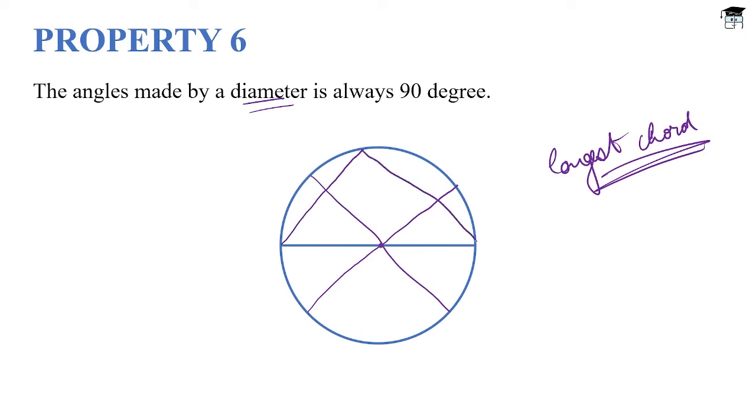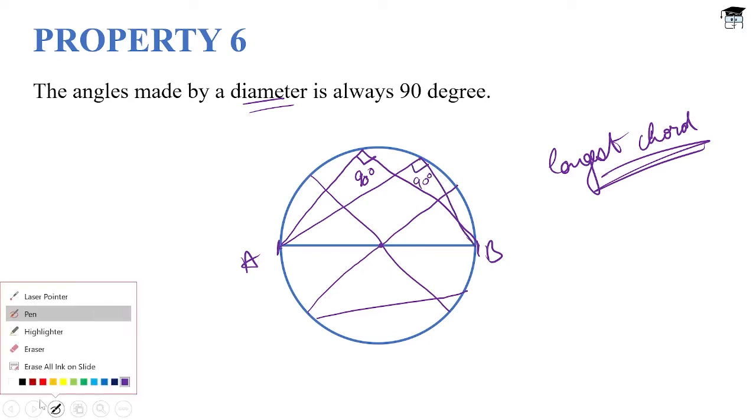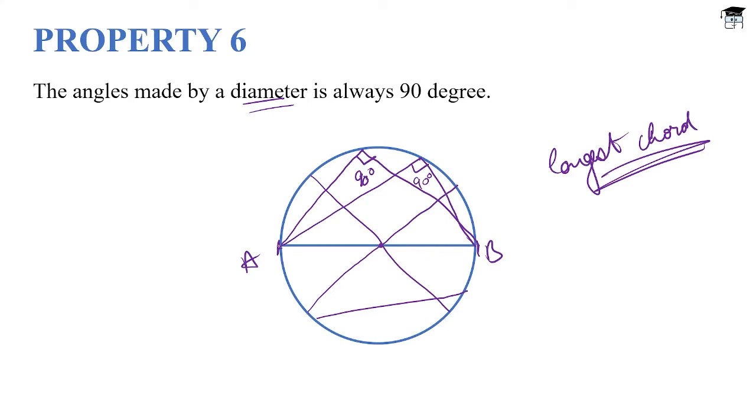This is a chord, but if we talk about the diameter, that is AB, then the angle made by the diameter is always 90 degrees. If you make any angle from the diameter, you are making it here. Or let me just change the pen so that you can understand it.